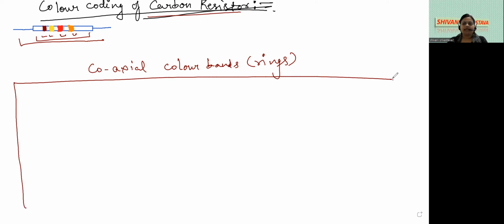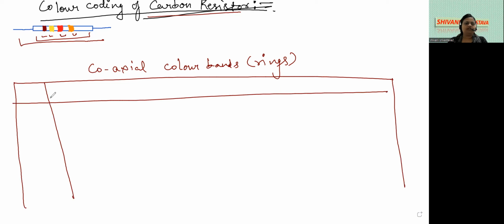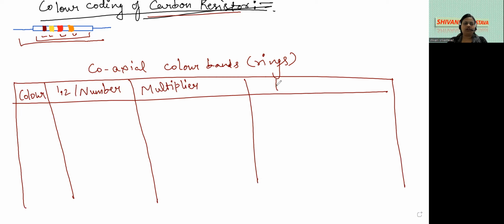In this table we'll make first the color. The first and second numbers we'll mention directly. Next, we'll take the multiplier. Next, we'll take the tolerance. Tolerance means how much variation that component can have. So now we are forming the table.